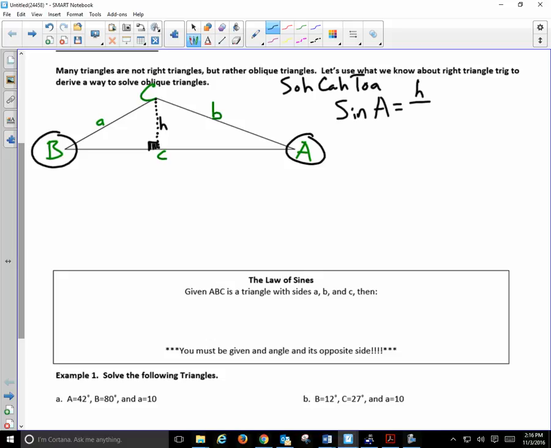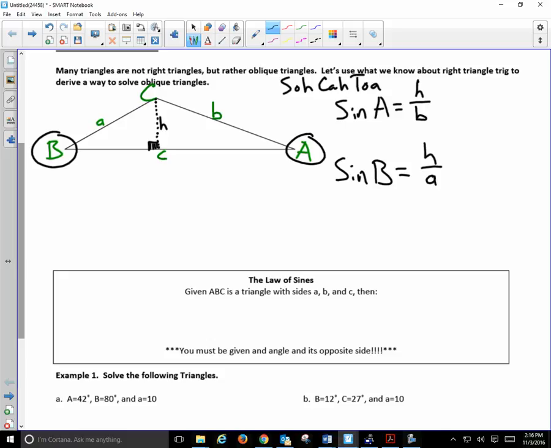B. Now I'm going to do the same thing with angle B. Sine of angle B is, there again I need opposite over hypotenuse. What's the opposite side? H. What's the hypotenuse? A.